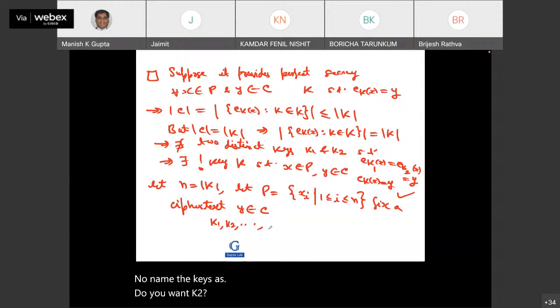Where there are n keys, I can call them k1, k2, ..., kn, such that e_ki of x_i is equal to y, for 1 less than or equal to i less than or equal to n.